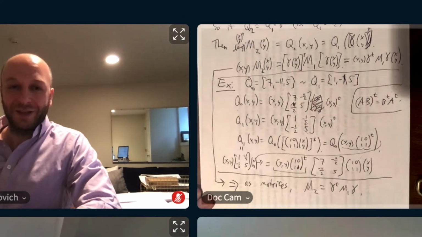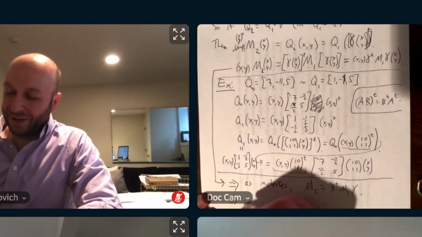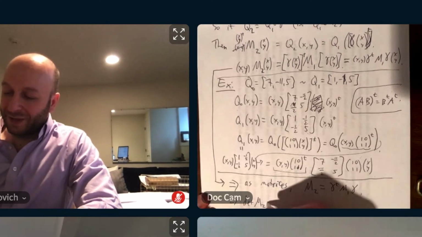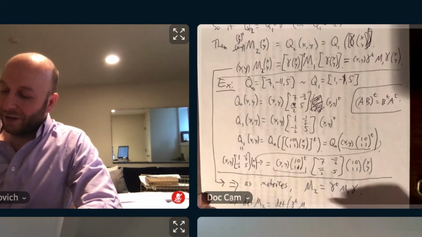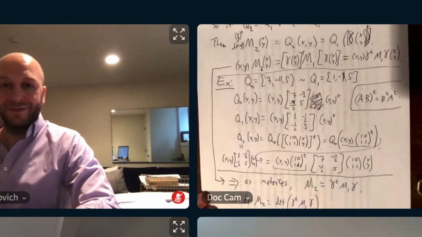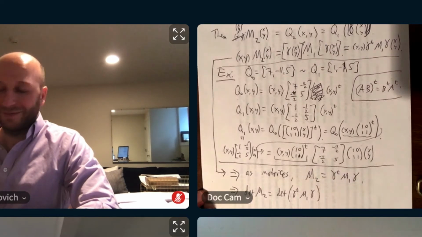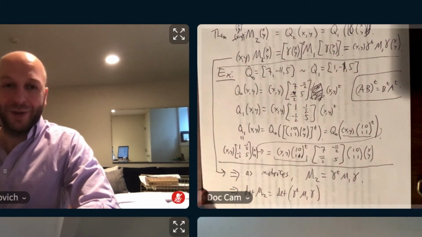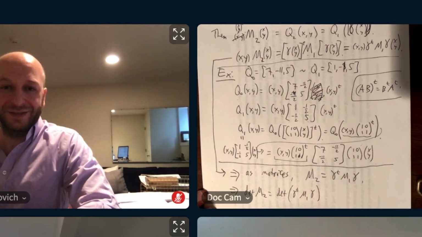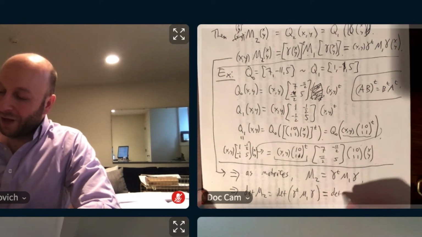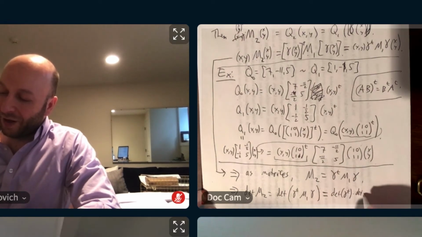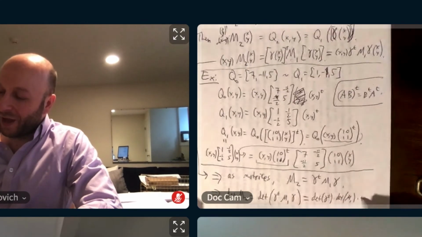And let's take determinants on both sides. The determinant of M2 is the determinant of gamma transpose M1 gamma. What do you know about determinants of products of matrices? Yep, it's the product of the determinants. So this is the determinant of gamma transpose times the determinant of M1 times the determinant of gamma.